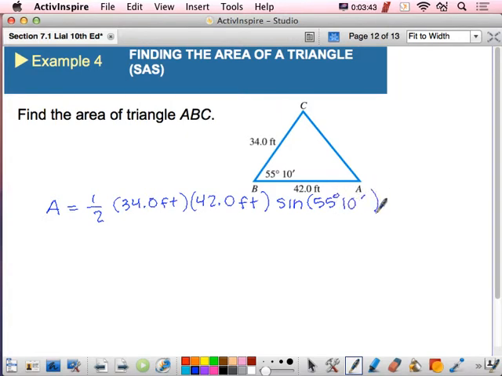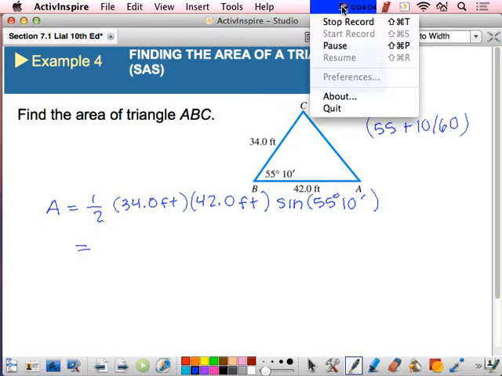So all I have to do is multiply all of those things together and I will know the area of that triangle. Now remember that when you type in 55 degrees 10 minutes, the easiest way to do that is to type it in as 55 plus 10 over 60. Do you guys remember that? Okay. So see what you get there. Okay.